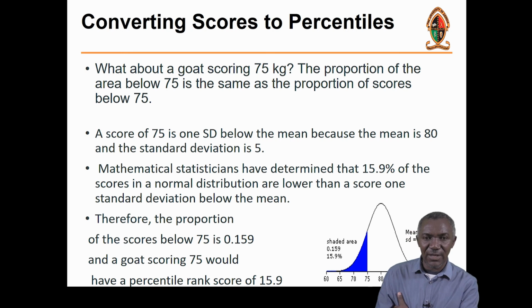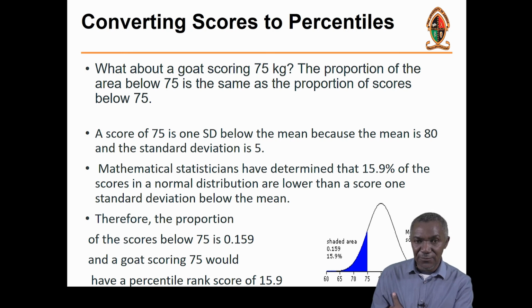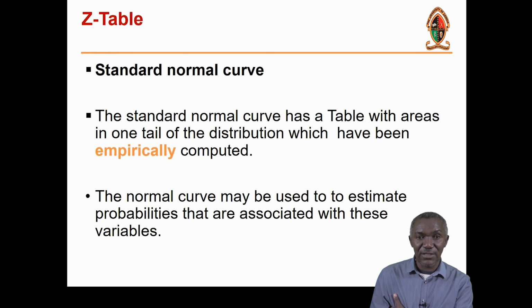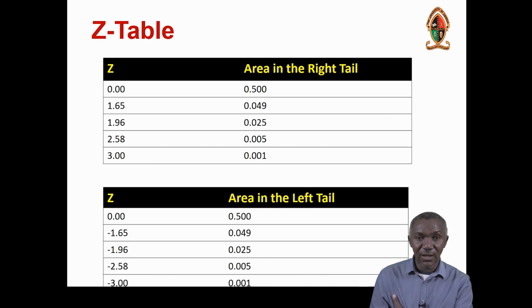Then you go into the table and look at the Z-score, which falls on 1 standard deviation below the mean.